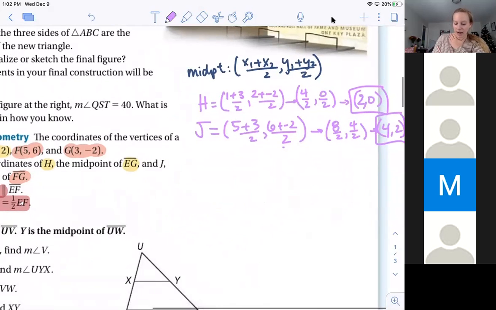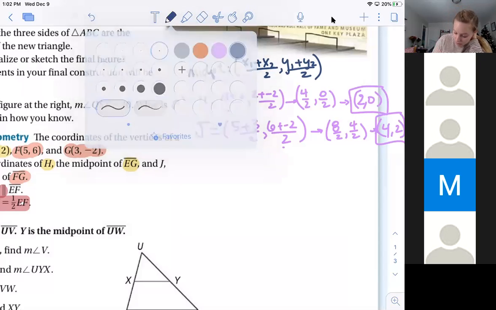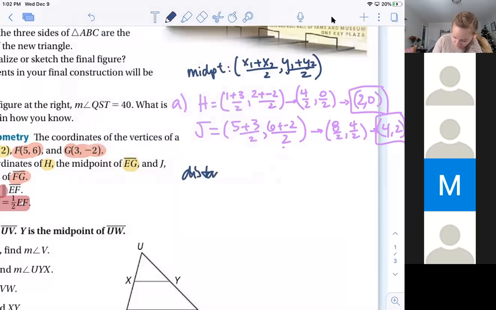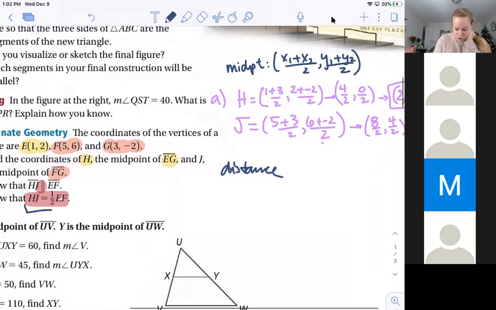Again, I didn't think midpoint is your weakness. If it is hard for you, this isn't a dig, I just don't think it's usually one that we struggle with. But I needed to do that in order to do distance now. So now I'm going to do distance, which is letter C, show that HJ is equal to 1/2 of EF.